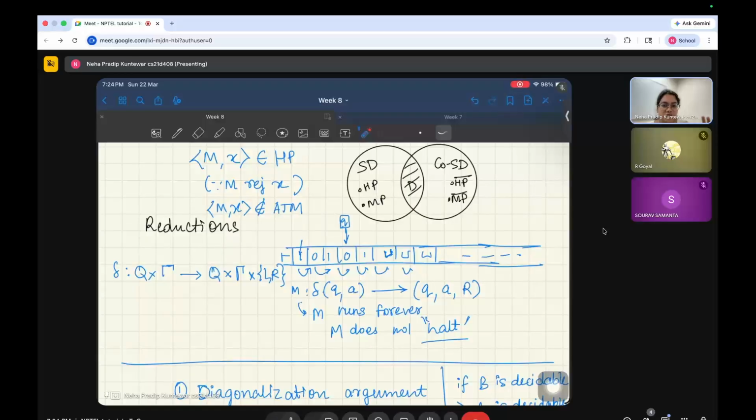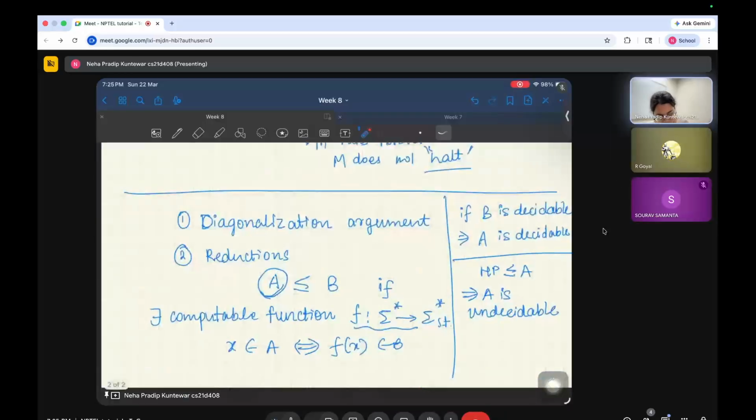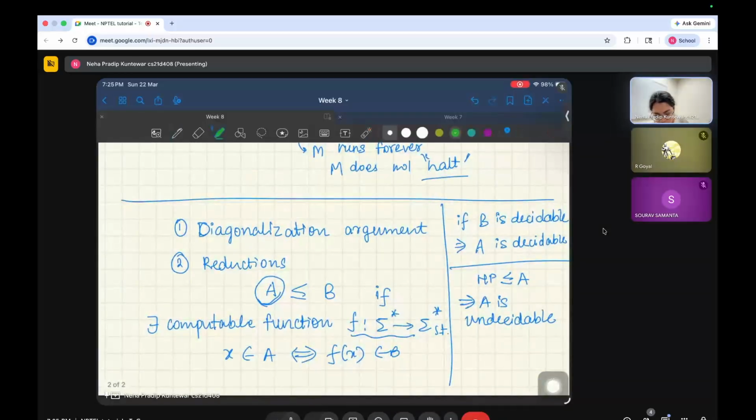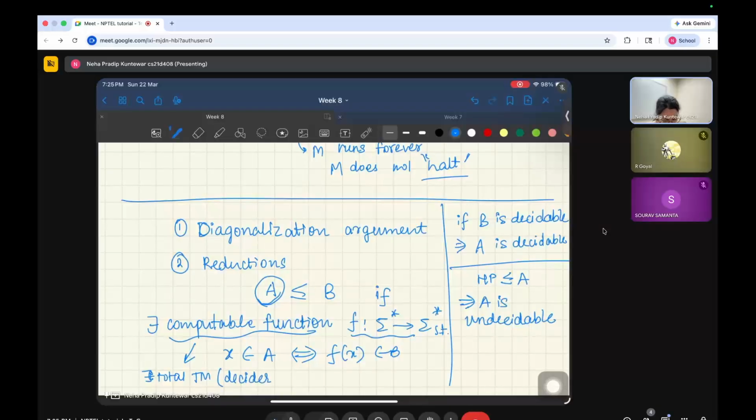It cannot loop. Oh, a decider. Yeah, yeah. Okay. So there is a total Turing machine, or decider, for f.